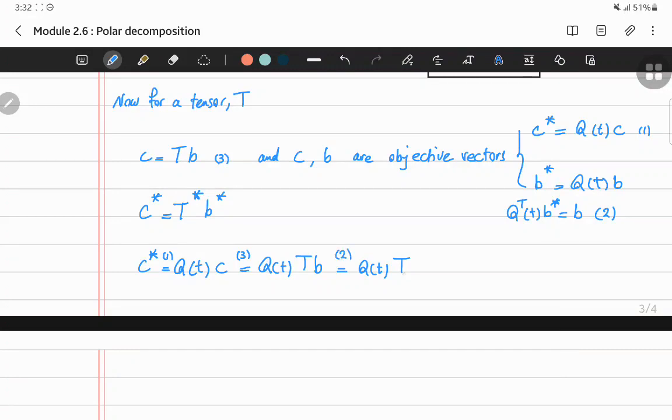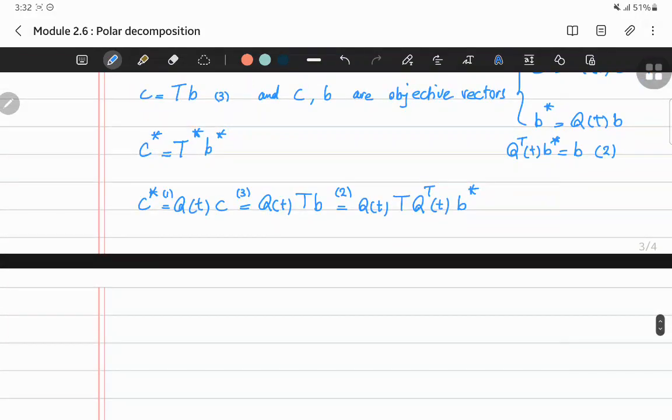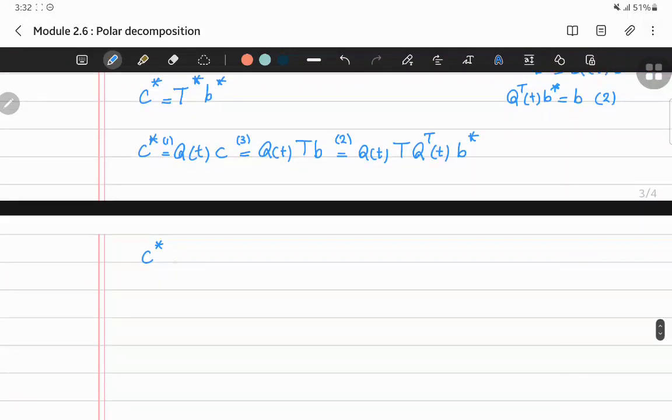So from 2, I have Q transpose b star. Therefore, I can write this c star is equal to Q T Q transpose b star, or I can write this simply as T star and b star, where this T star is basically Q T Q transpose.